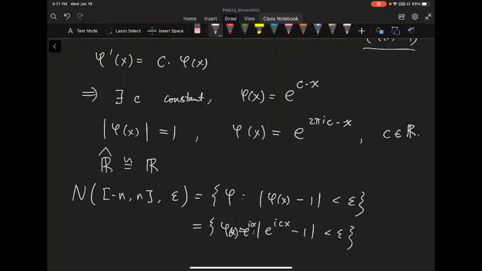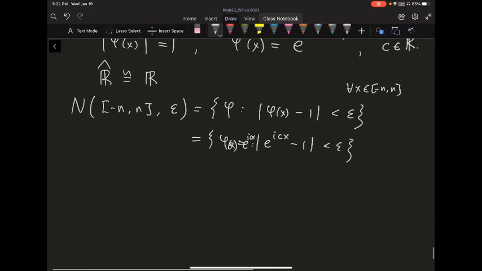Here the x is fixed, I should say for all x inside negative n to n, and because of this you can now solve for c. If you just draw a picture, what you end up with is some kind of interval around this point.